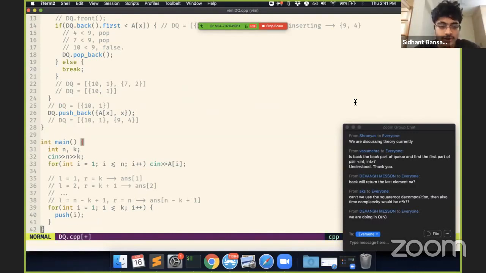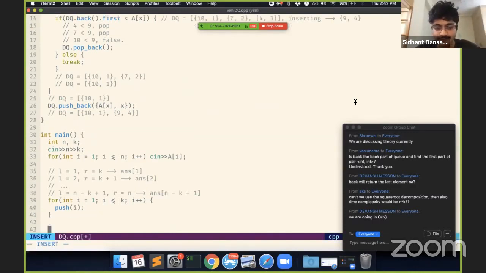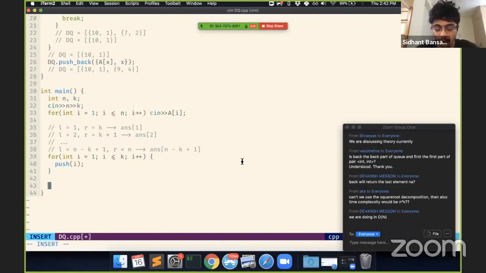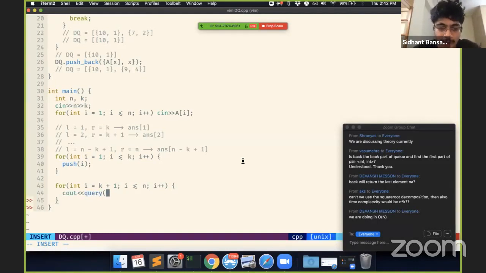After this, we'll want to query. Now we've inserted the first k elements. Now what do we want to do? We want to run a loop from k plus 1 to n. In every loop, we want to first query the range from i minus k minus 1 to i minus 1.